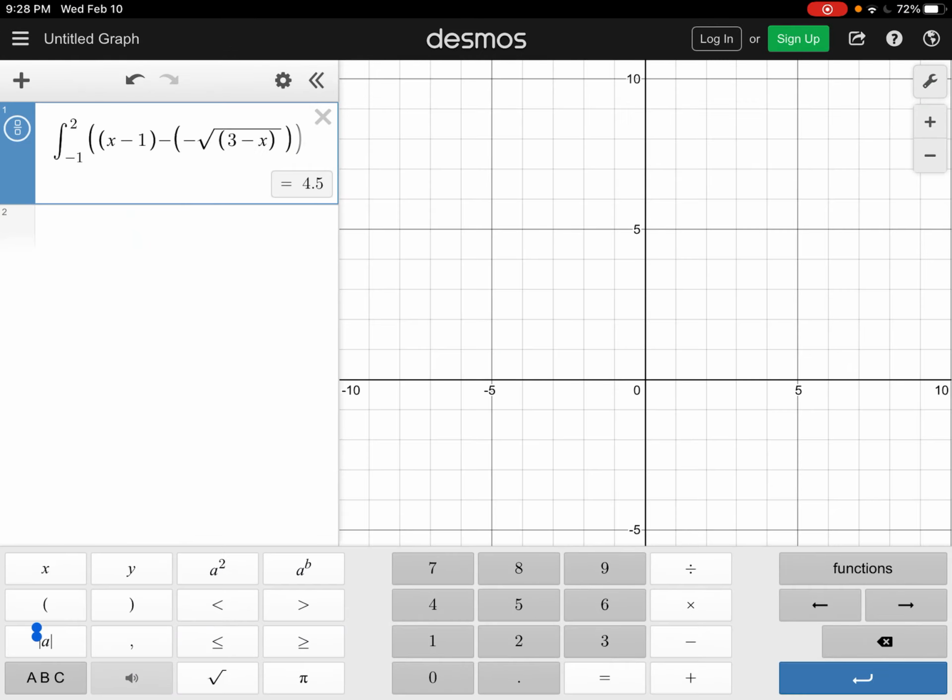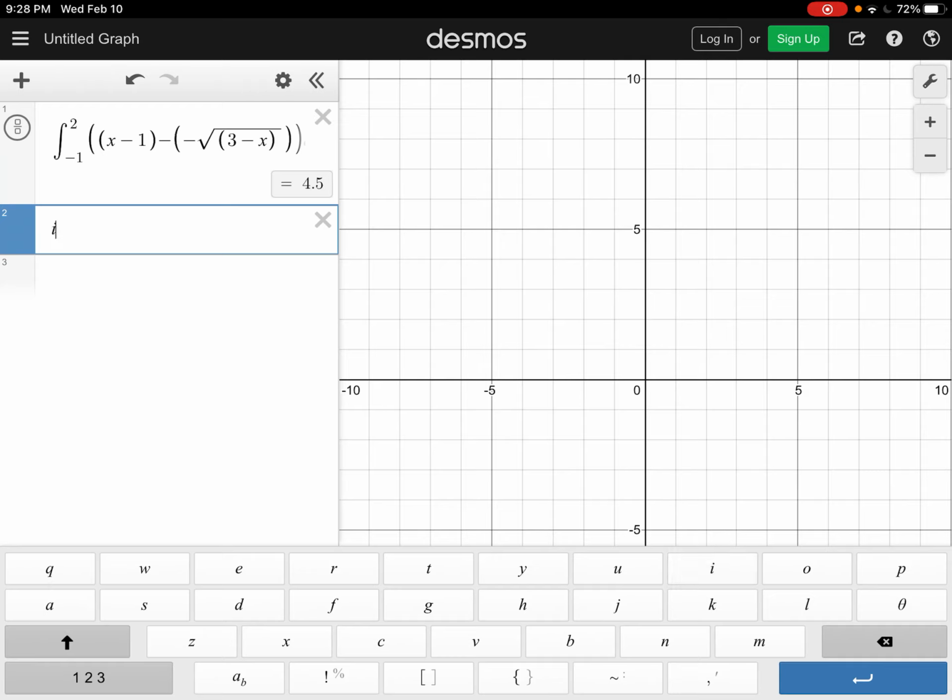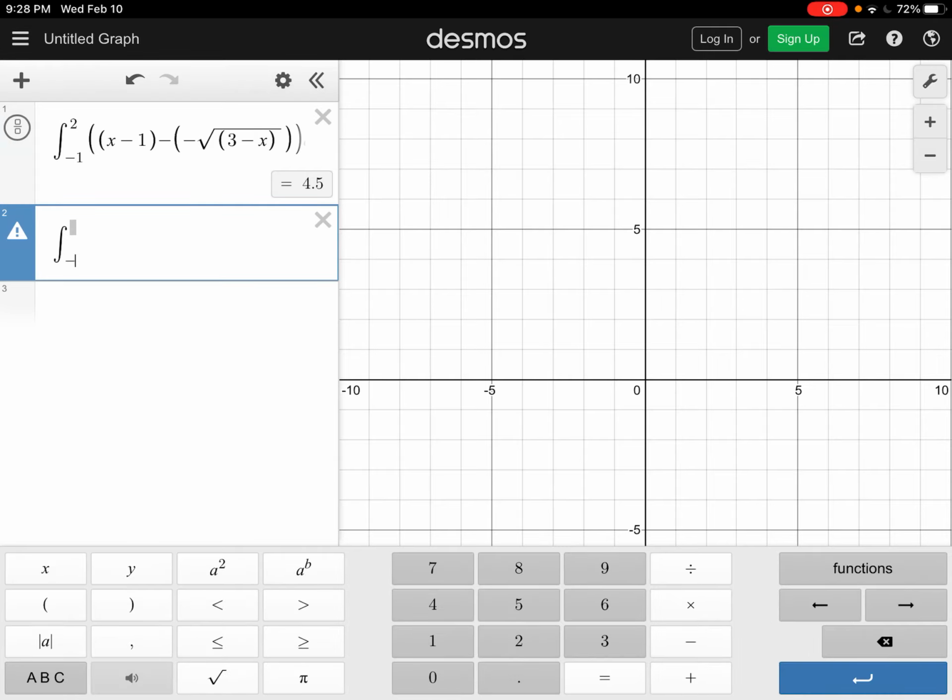So let's go to Desmos. All right, and so here's what we're going to do. You're going to type in int, integral, and then our first boundary was going to be from -1 to 2.